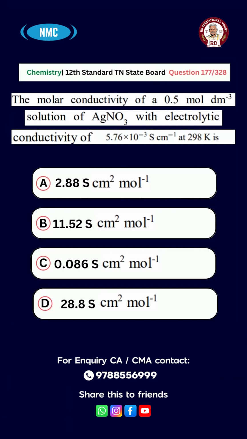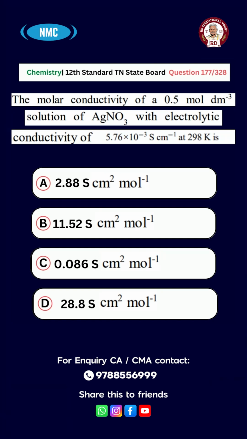Question number 177. The molar conductivity of a 0.5 mol dm^-3 solution of AgNO3 with electrolytic conductivity of 5.76 × 10^-3 S cm^-1 at 298 Kelvin is: option A, 2.88 S cm² mol^-1; option B, 11.52 S cm² mol^-1; option C, 0.086 S cm² mol^-1; option D, 28.8 S cm² mol^-1.